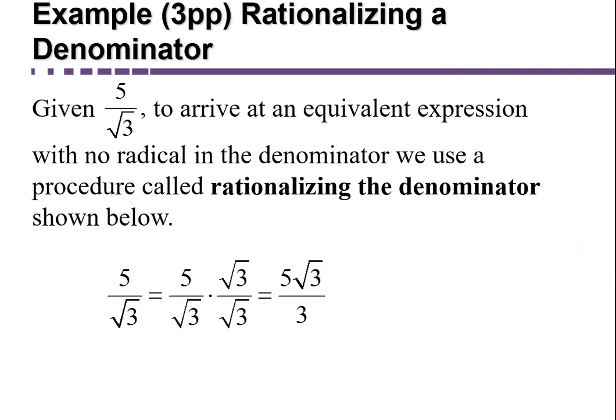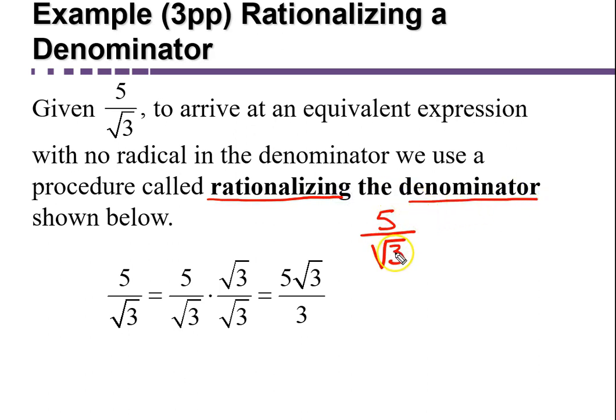Now, for this one, and this is example 3 PP, we have 5 in the numerator, but the radical, square root of 3, in the denominator. And they're asking us here to rationalize the denominator.